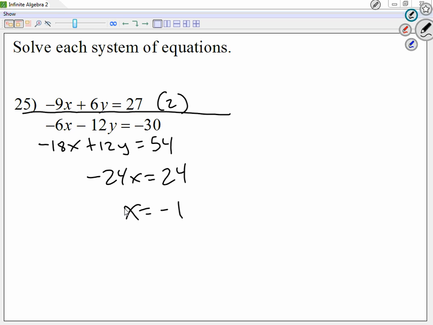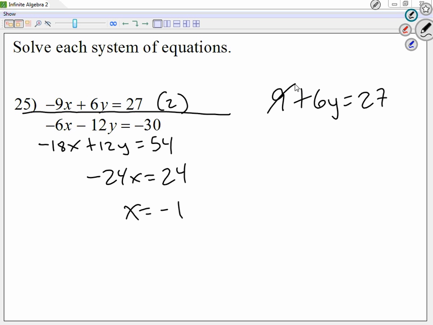Now for the y value, plug that x value into any of the equations. I like to look for the numbers that are smaller. I like to deal with smaller numbers. So I'm going to deal with the first equation. Negative 9 times x. I know the value of x, so negative 9 times x, I'm going to call that positive 9, plus 6y equals 27.